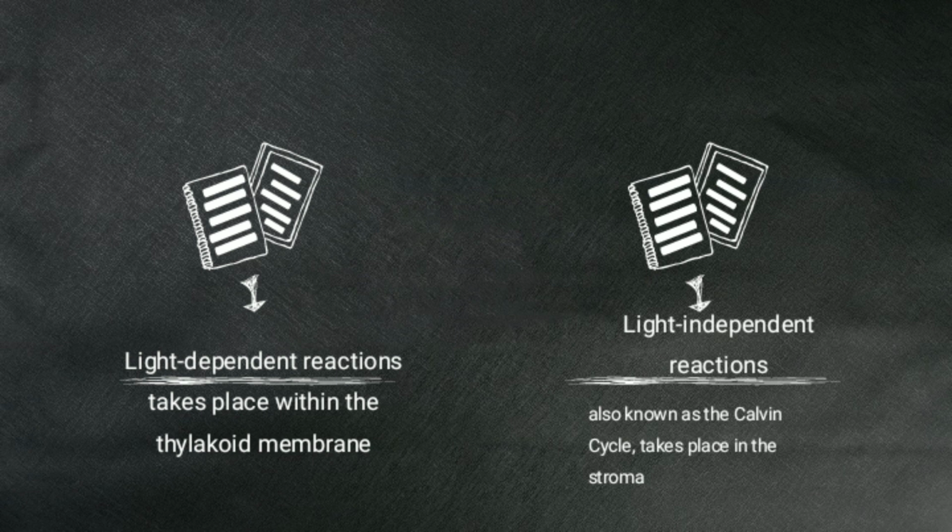Light-dependent reaction versus light-independent reaction. While there are many steps behind the process of photosynthesis, it can be broken down into two major stages. The first one is the light-dependent reaction and the second is the light-independent reaction.